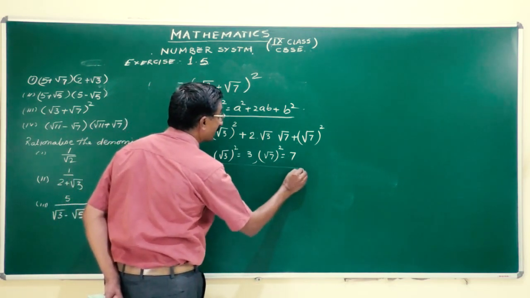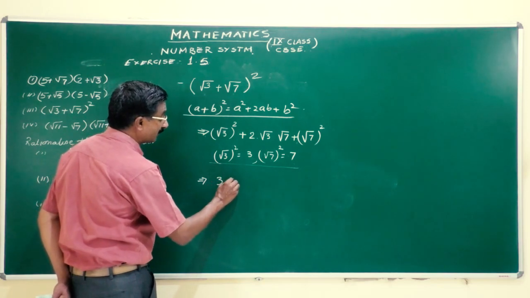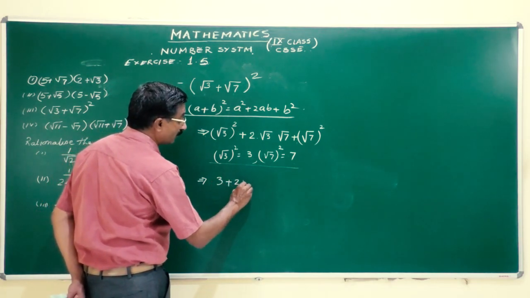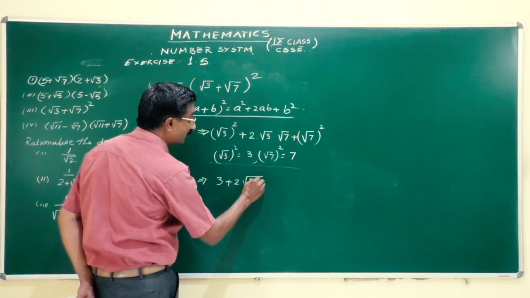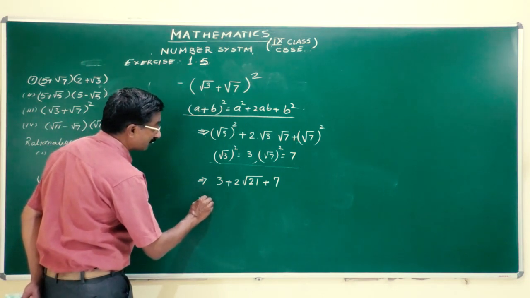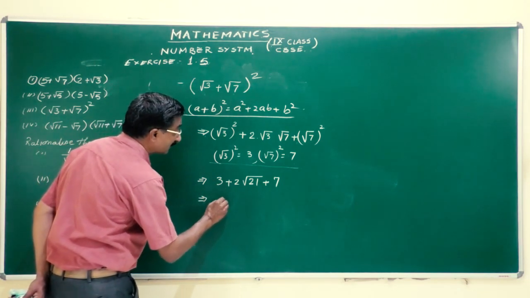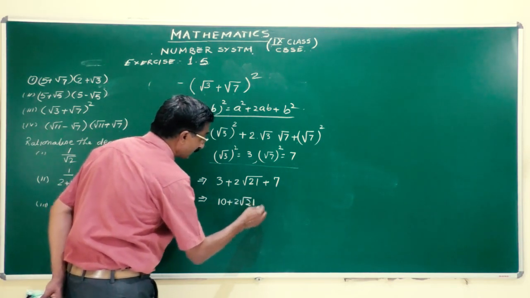You must remember this concept. So this is equal to 3 plus 2 root 3 and root 7, so 7 3s are 21, plus 7. So this is equal to 3 plus 7, which is 10, plus 2 root 21.